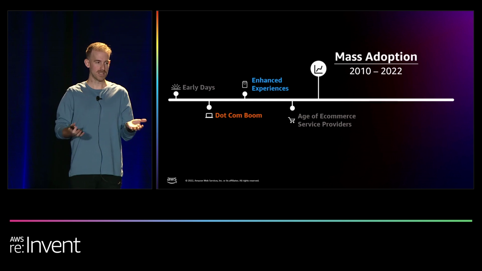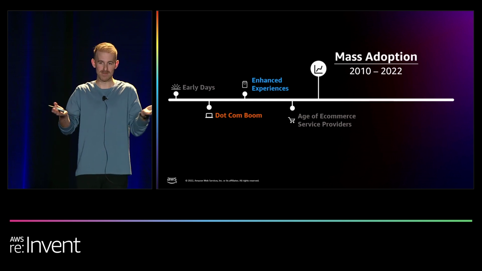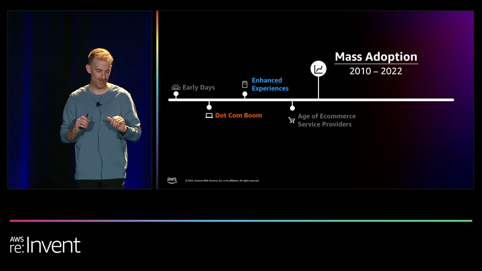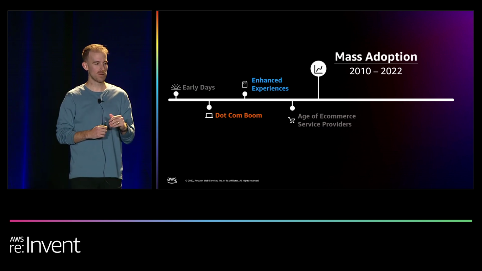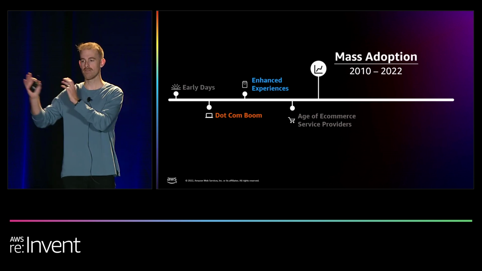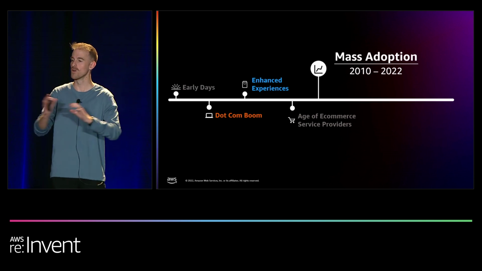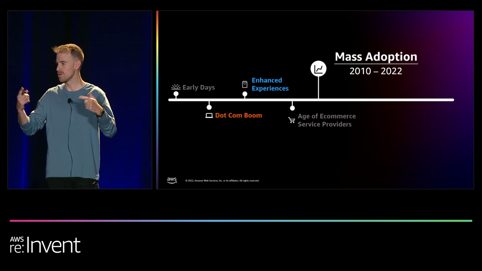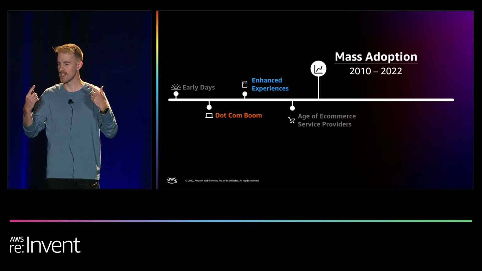And I'm sure maybe some of you are even shopping today while I'm talking. That's okay, I understand. I'm in e-commerce, I understand. But during this time period, it became so common that many people would shop first on e-commerce before they would go into the store. And that represents a fundamental shift in the way that we buy and sell things.